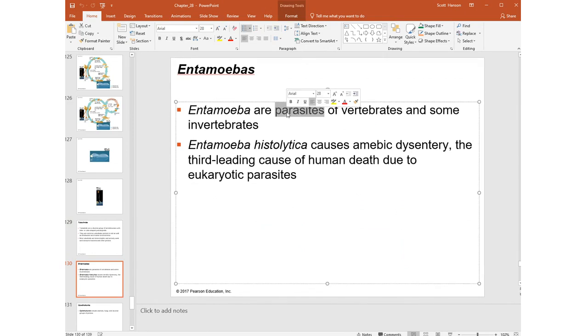And then the entamoebas. Entamoebas are parasites of vertebrates and some invertebrates. Now remember, vertebrates are things with a backbone. So the fishes, the amphibians, the reptiles, the birds, and the mammals are vertebrates.